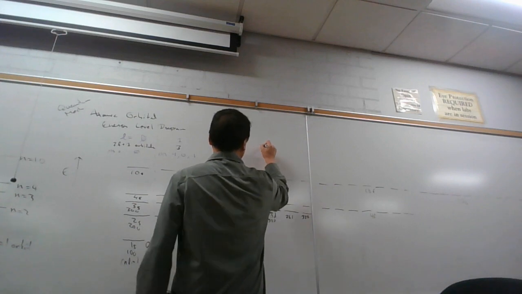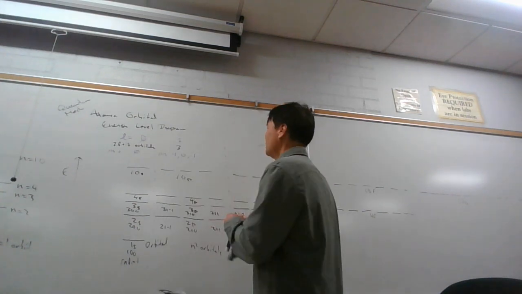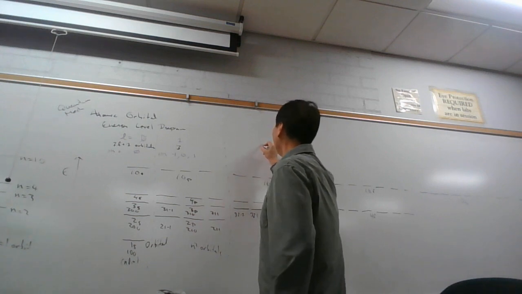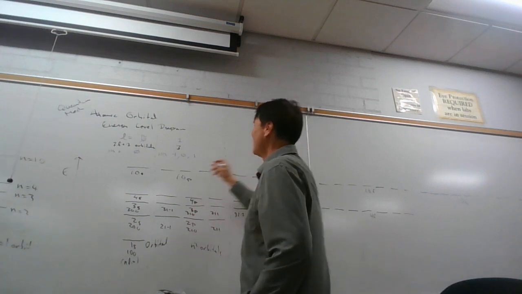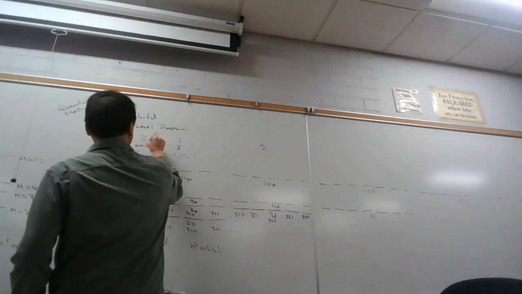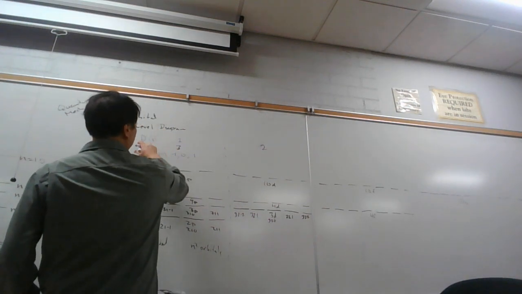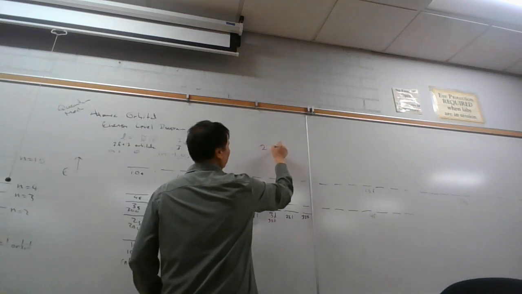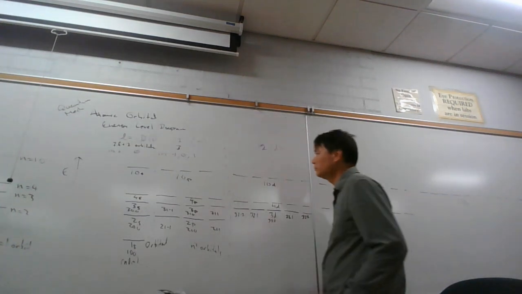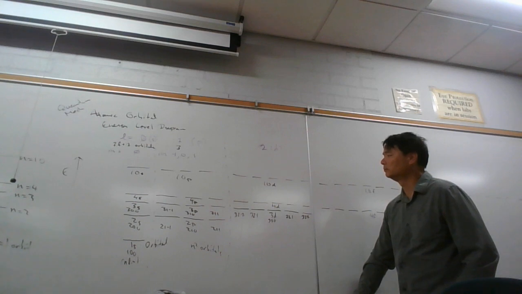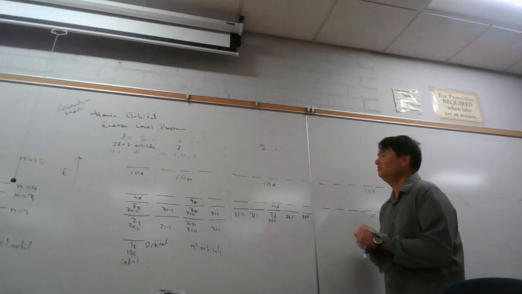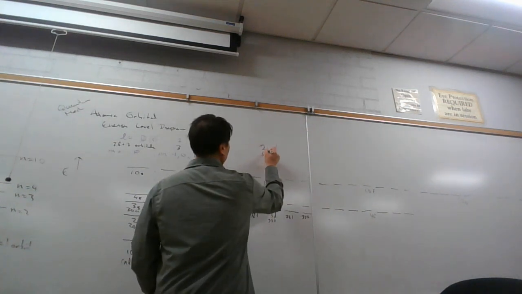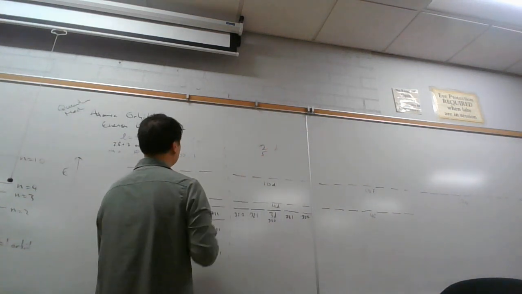When we have L equals 2, that's what we call a d orbital. L equals 0, we call an s orbital. L equals 1, we call a p orbital. L equals 2, we call a d orbital. There's going to be a total of 5 orbitals, and each orbital is going to be labeled by an m value.